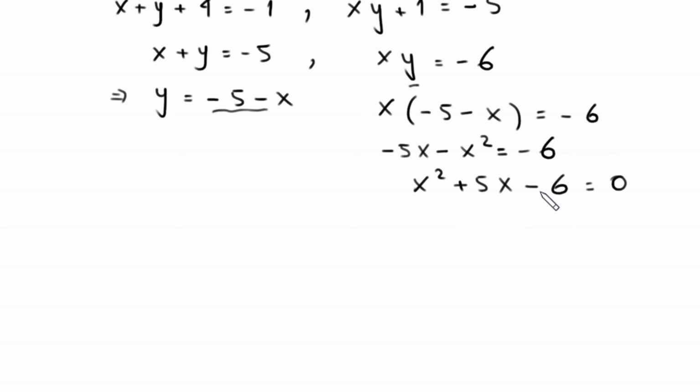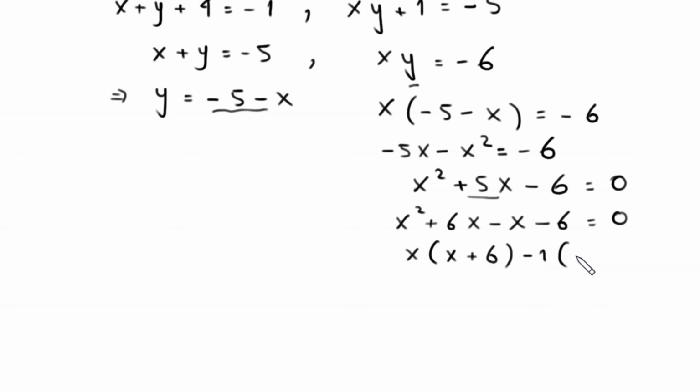Now this quadratic equation is factorable. We write this x squared, and we break this 5x into two terms, plus 6 times x minus 6 equal to 0. From these two terms we can factor out x in bracket, x plus 6. From these two terms we can factor out negative 1 in bracket, x plus 6 equal to 0.